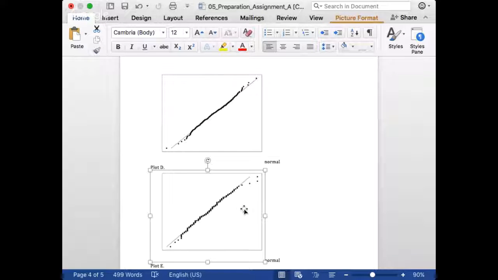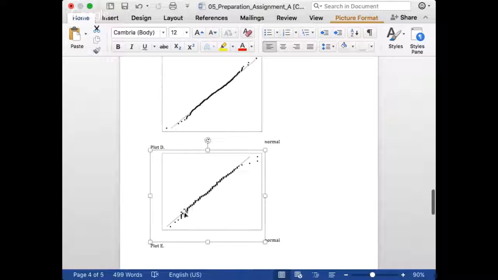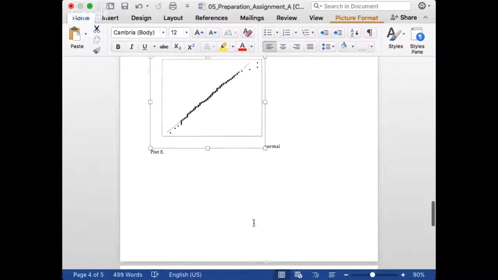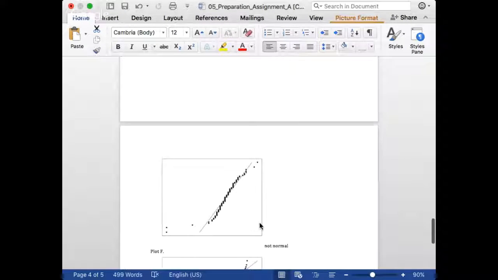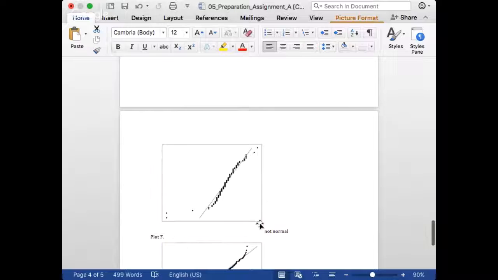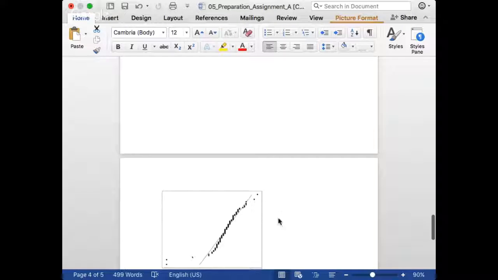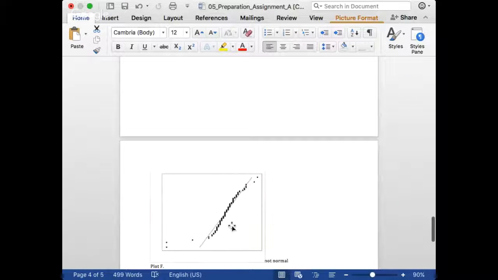What we're really looking for is this cluster right here to be linear. It will never be completely linear, but minimal outliers is what you're looking for. Was E normal or not normal? E right here, this one is not normal because you have this curve and then it jumps out here.